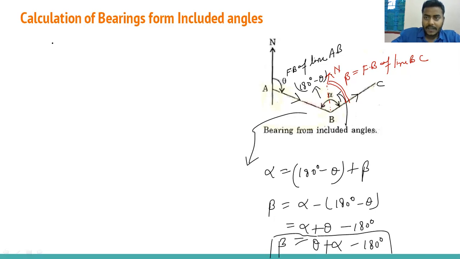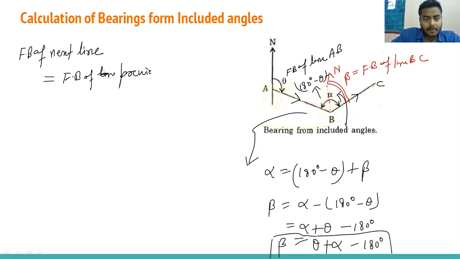Now we can write the general expression. In words, beta is the forebearing of the next line, which will be equal to theta, the forebearing of the previous line, in this case AB, plus alpha, the included angle.